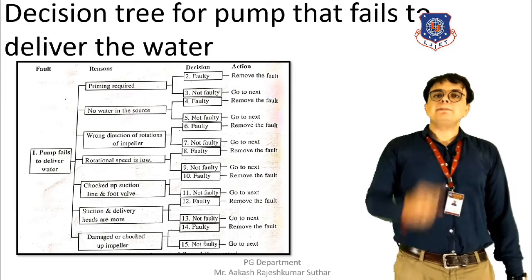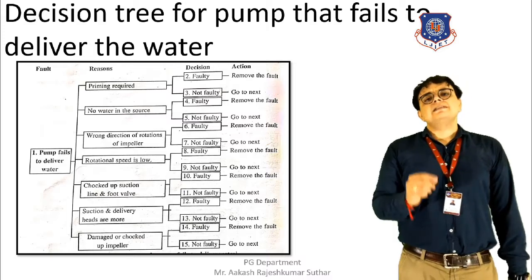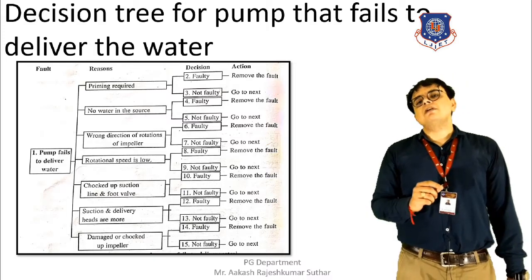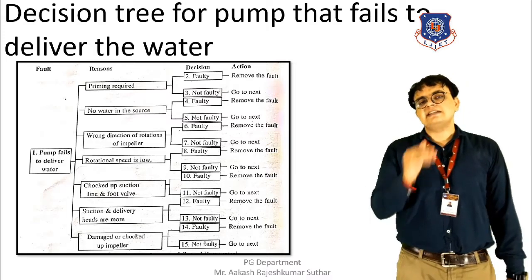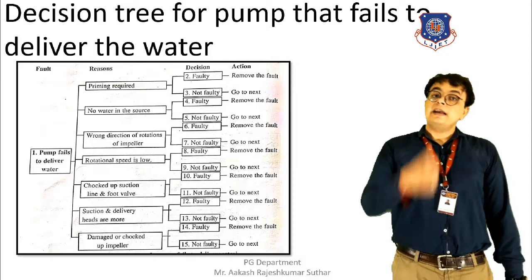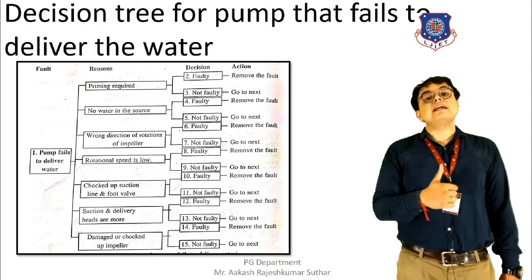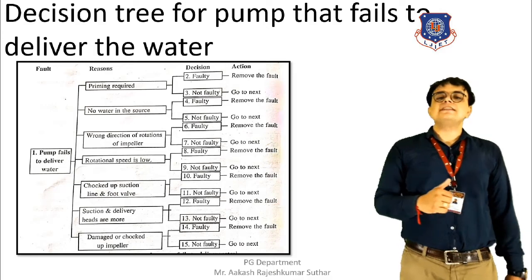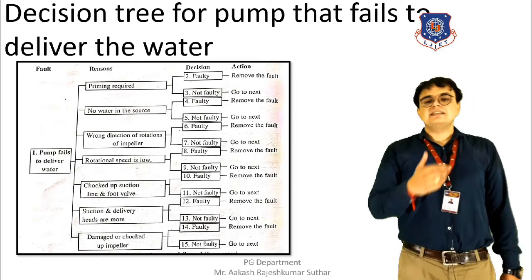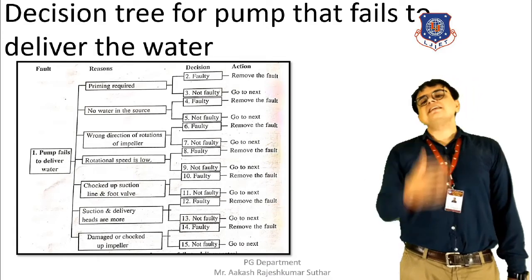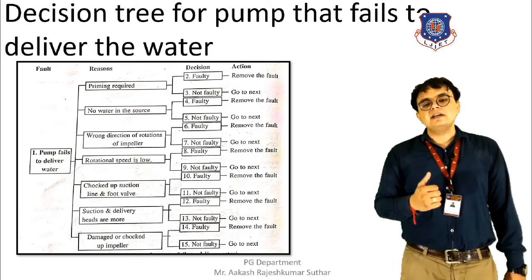But if the priming is not the reason that is causing the fault, then in the decision we should write that it is not faulty, and in the action of that decision we should write move towards the next reason.